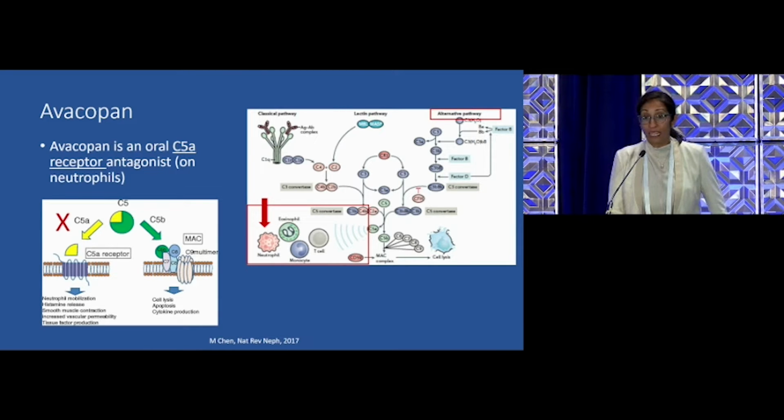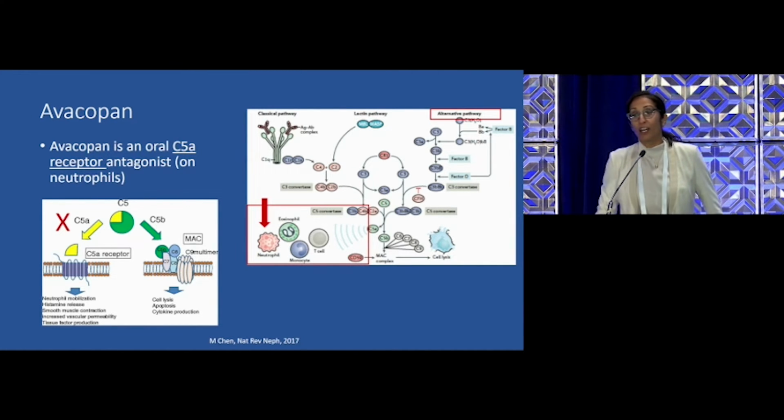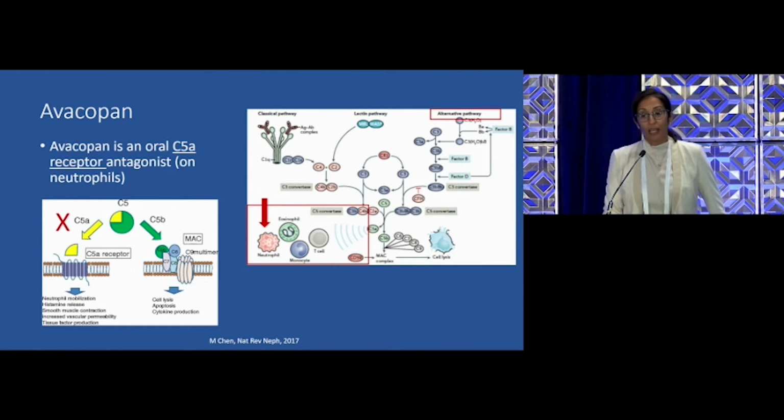This is one of the newer medications that has been approved for the treatment of GPA and MPA, Avacopan. It's an oral C5a receptor antagonist. And I won't try to teach you this entire pathway, but basically complements are little proteins in our body that are an important part of our immune system. And there is a pathway by which C5a binds to a receptor.